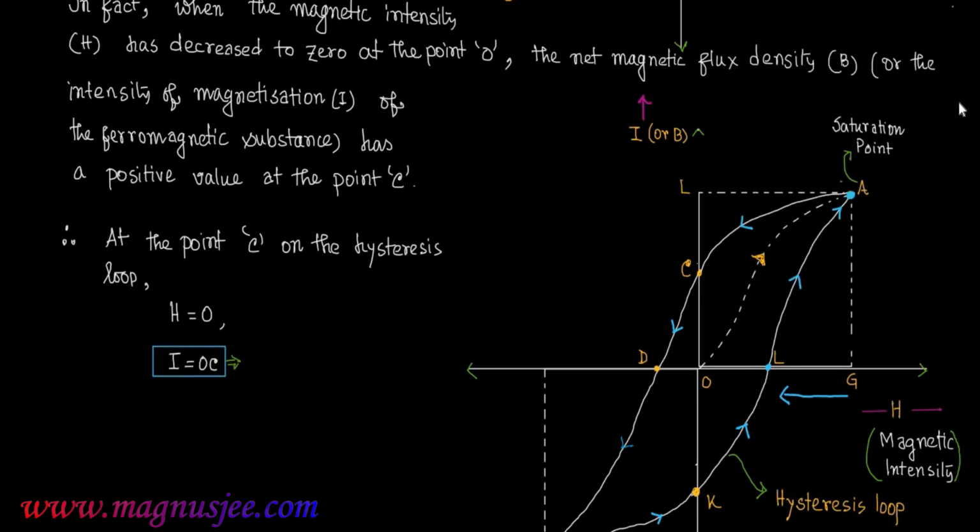The value of intensity of magnetization I will be equal to OC, and this is called retentivity or residual magnetism of the ferromagnetic substance. I is equal to OC when H is reduced to 0, which is called retentivity or residual magnetism.